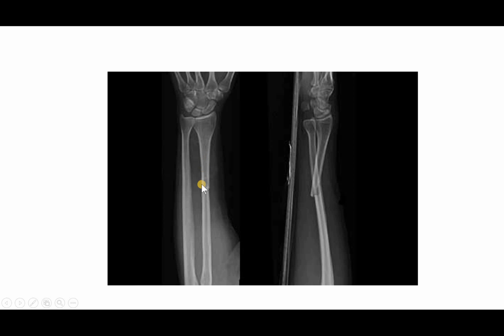Okay, this is the forearm. Okay, and on the thumb side, you have the radius, and on the pinky side, you have the ulna. So this is radius and ulna. You can also see the styloid process of the ulna right there.